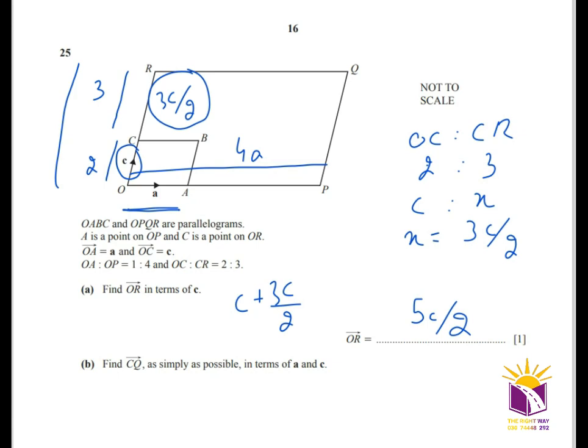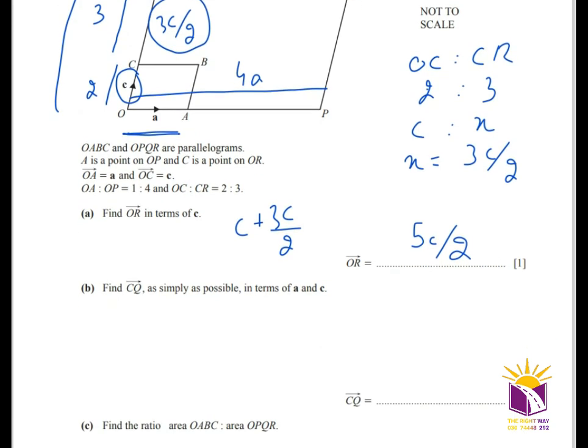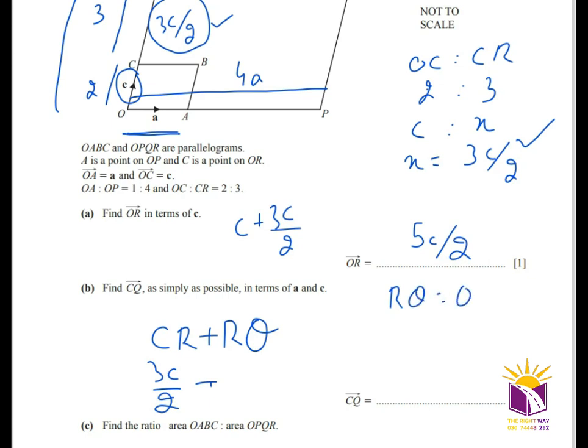Find CQ as simply as possible in terms of a and c. You have to find C to Q. I will move from C to R, then R to Q. C to R will be equal to 3c by 2, which we have found over here, and RQ will be equal to OP.